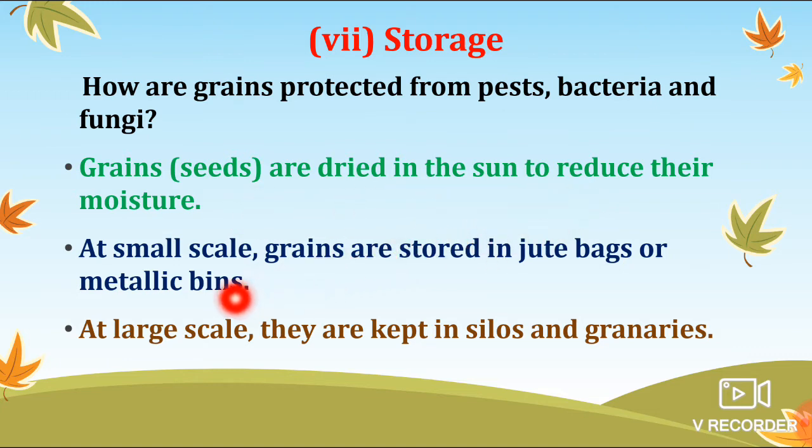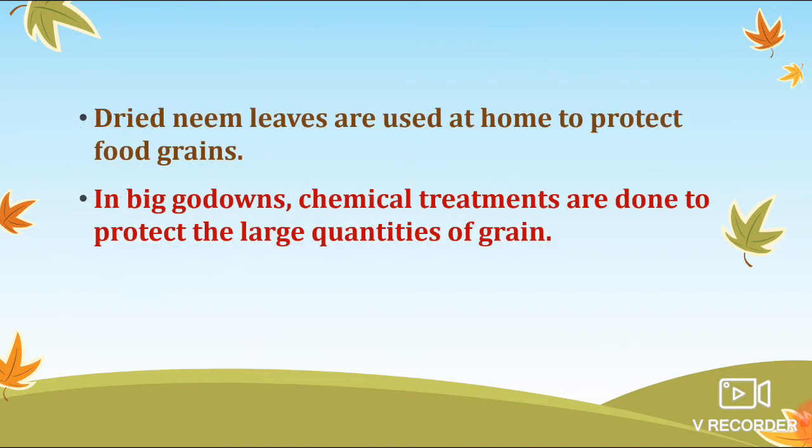If it is on a small scale, we are storing in bags or metallic bins or drums. And on a large scale we are keeping in silos or granaries. I told you that in FCI, Food Corporation of India, we are using silos and granaries, so those godowns are full with grains.